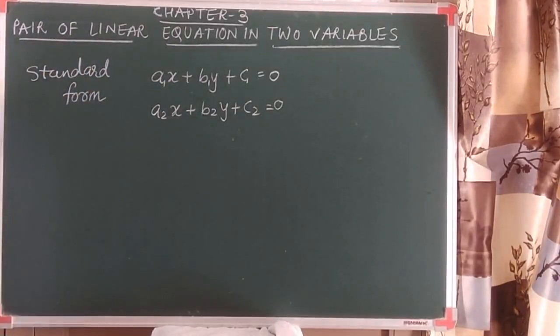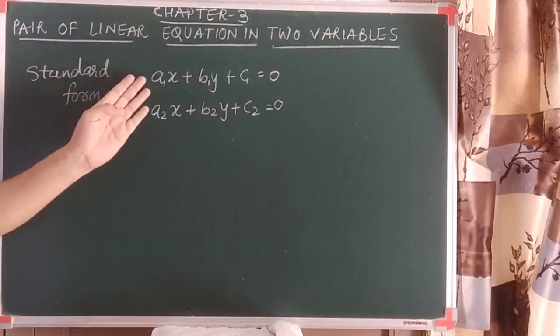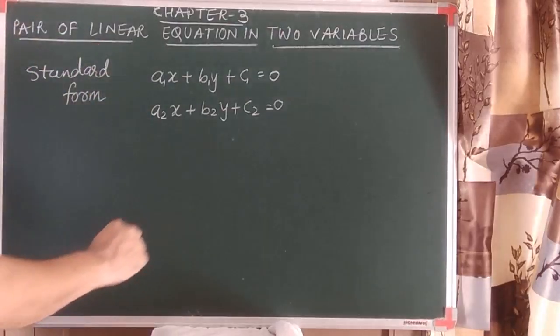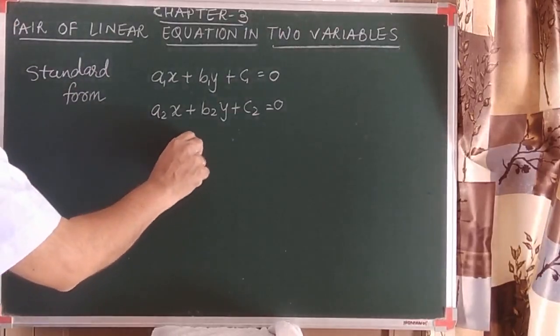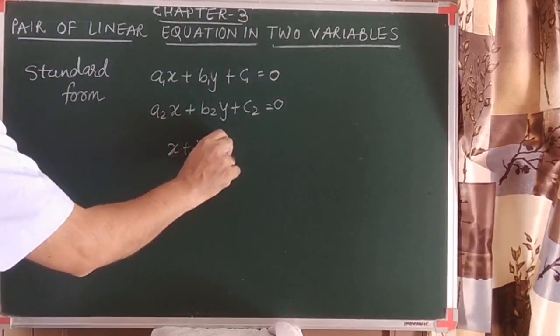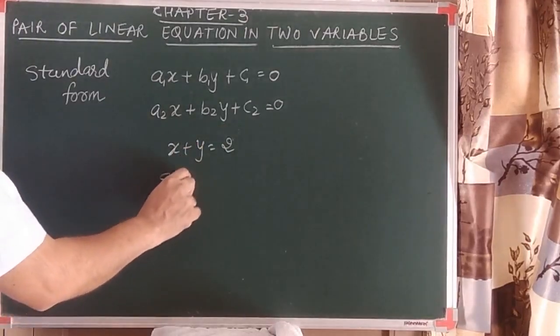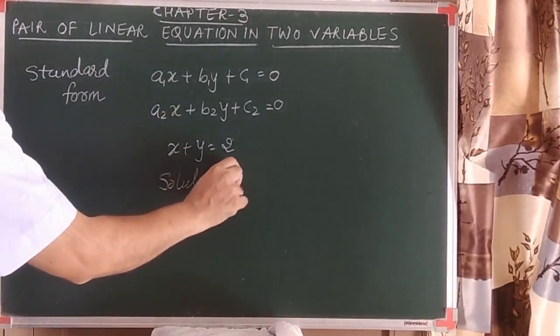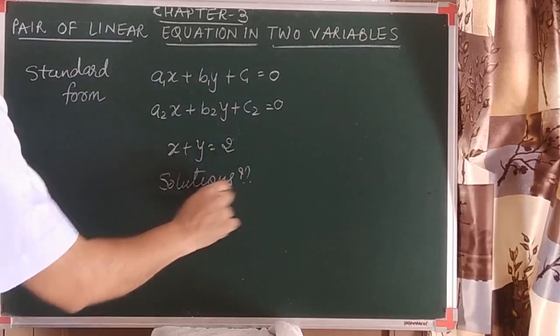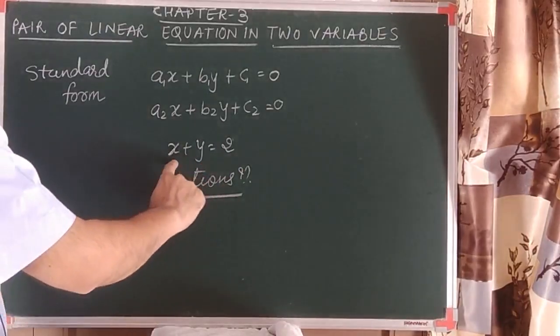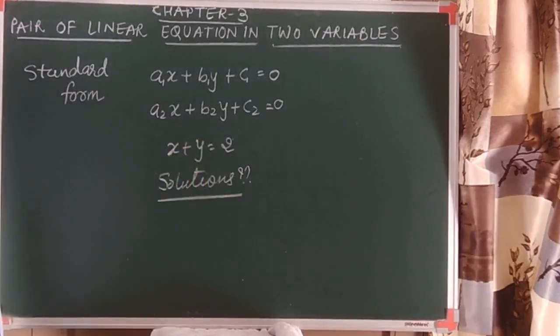What will we do in this chapter? In this chapter, we'll discuss how we'll get the solutions of this. If you recall, if I write any linear equation, suppose x plus y is equal to 2, last year we discussed how many solutions it has. What did we used to call a solution? Solutions are the values of x and y which, when we substitute in the equation, give us the right hand side.